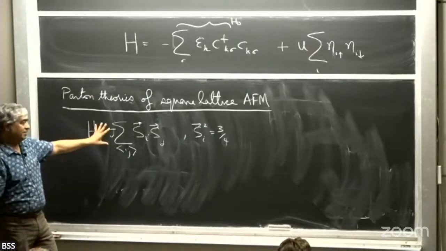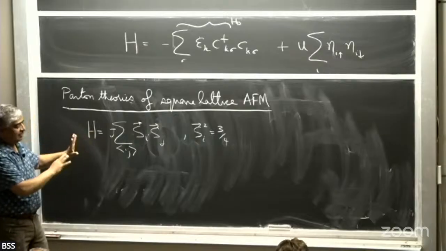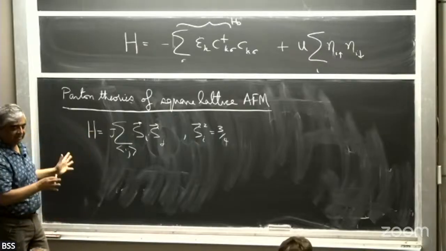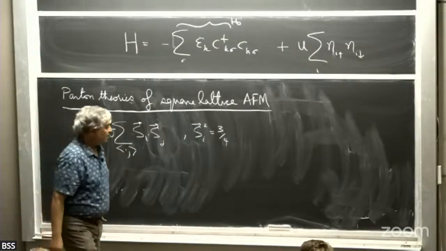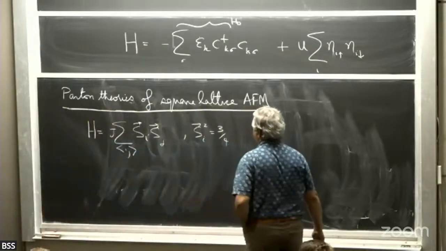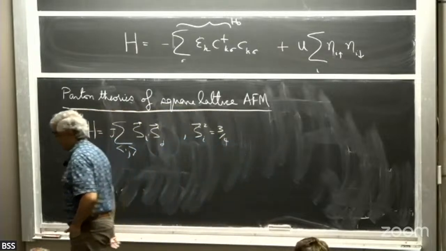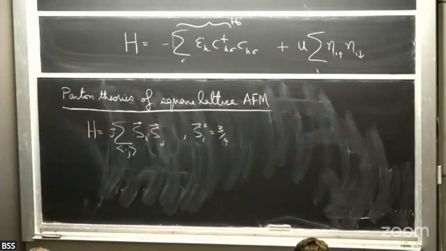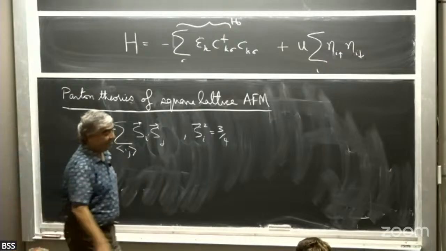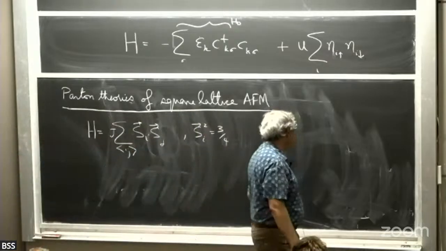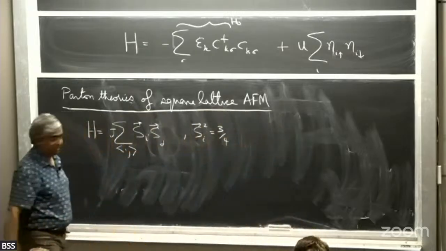This we know has long range Néel order, but let me keep things simple. You can add further neighbor couplings later on. We want to think about possible spin liquid phases of this. The key defining property of a spin liquid is the existence of these spinons. So why don't we just go ahead and introduce them right away?